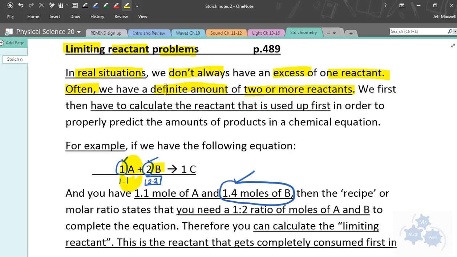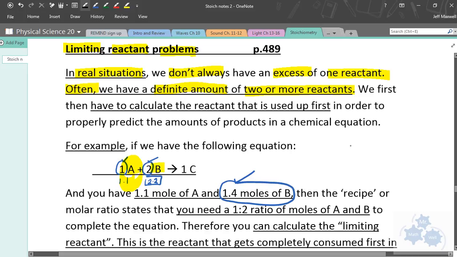So, for example, if you're doing a recipe, and this is just kind of totally off the wall, but if you're doing a recipe and you need 1 cup of flour and 6 eggs, and you have 3 cups of flour and 15 eggs, and let's say this produces a dozen cookies, how many full dozen cookies will you be able to make?